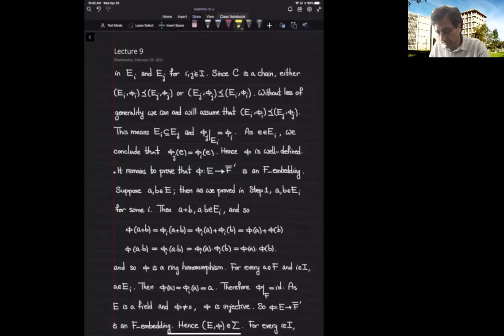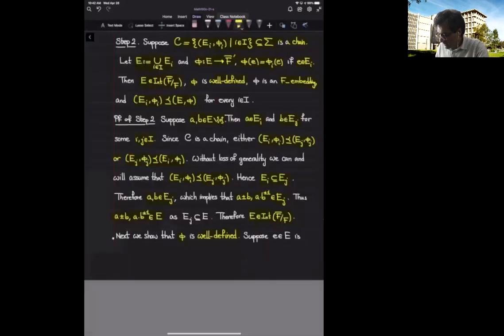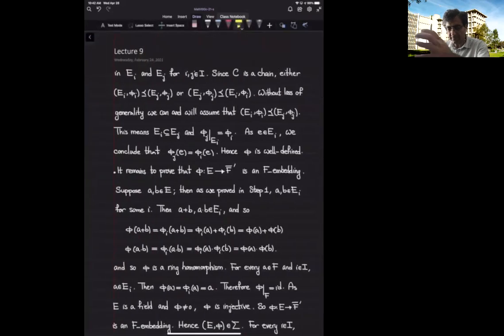So let's go back here. For every e that you give me, suppose that I have two indices i and j where E_i and E_j both contain e.